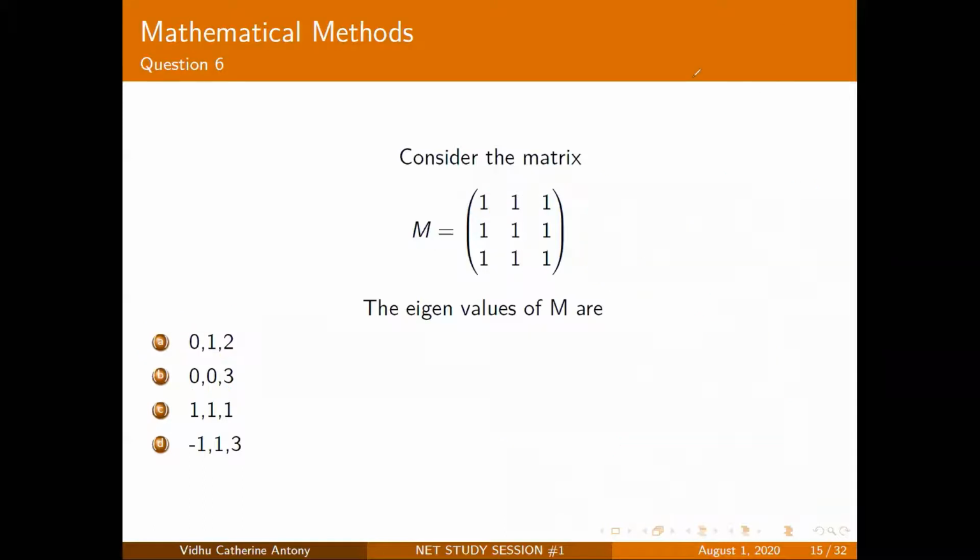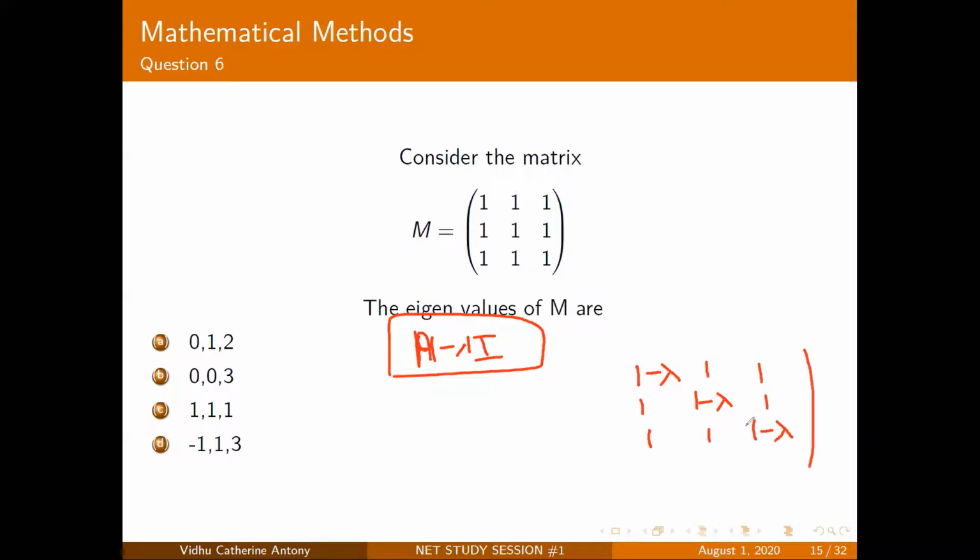So what you will do is you have to find out the characteristic equation, that is A minus lambda I, okay. So you have to do that whole process, or in this case, M minus lambda I, okay. So you have a 1 minus lambda, 1 minus lambda, and 1 minus lambda here, okay. So that is your characteristic equation. You take the determinant and equate it to 0.